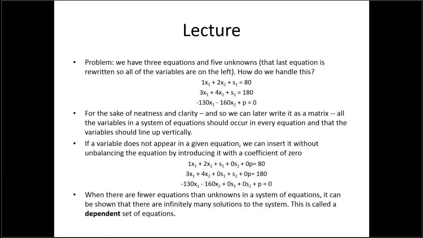Now we have something that looks a little bit more familiar. We have three equations. It looks like we have three unknowns, but we actually have 5 unknowns. But it looks a lot like a 3 by 3 matrix or a 3 by 4 augmented matrix, which is something that we know how to solve.